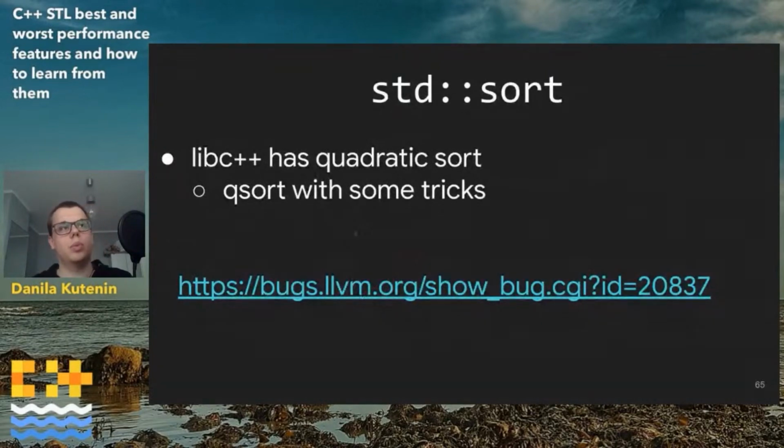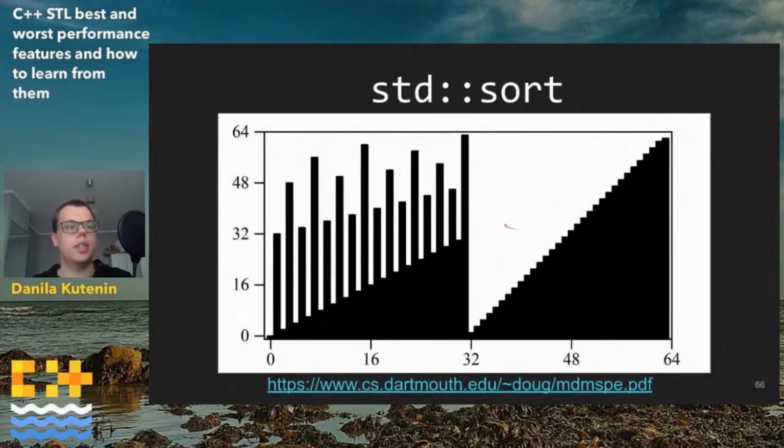For example, libc++ has a quadratic sort. libc++ sort is basically a QSort with some tricks. Here is a link to the bug where it was first found, and the example is pretty simple. I don't want to go into detail about why it runs in quadratic time, but basically there is an algorithm, here is the link, that tries to kill all QSorts that do some constant comparisons to find the medians, like the median of three.